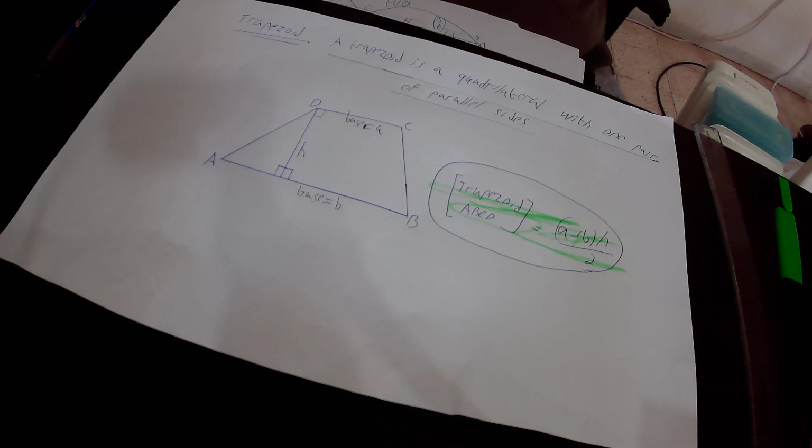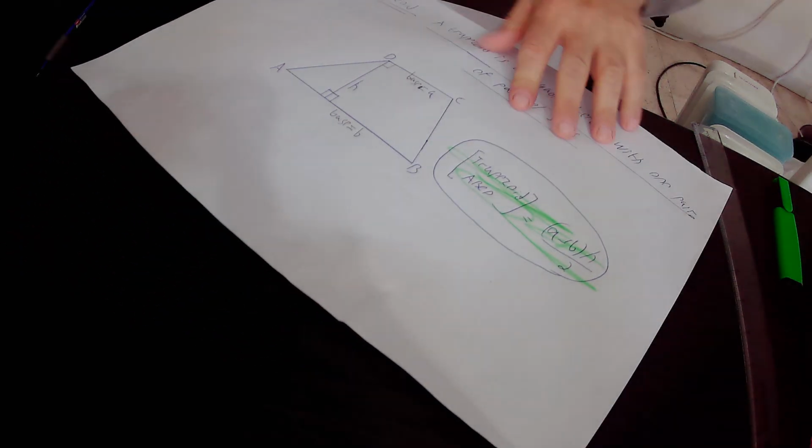First of all, what is the definition of a trapezoid? A trapezoid is a quadrilateral with one pair of parallel sides. I repeat, a trapezoid is a quadrilateral with one pair of parallel sides. Here in the drawing we have quadrilateral ABCD, and it is given in the question that side DC is parallel to side AB, so I write it down.